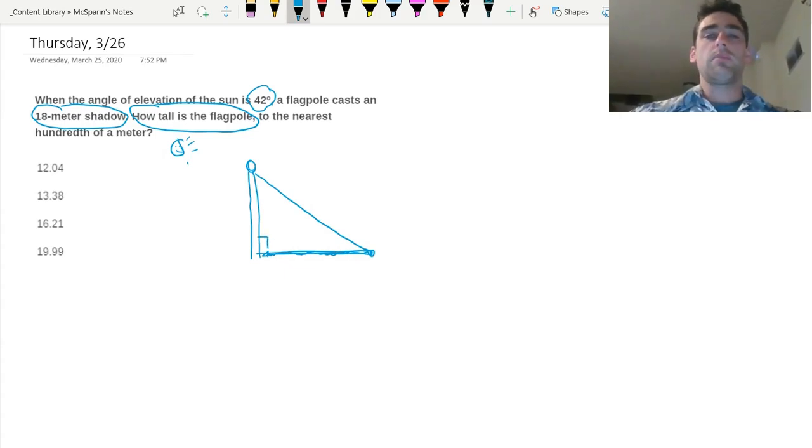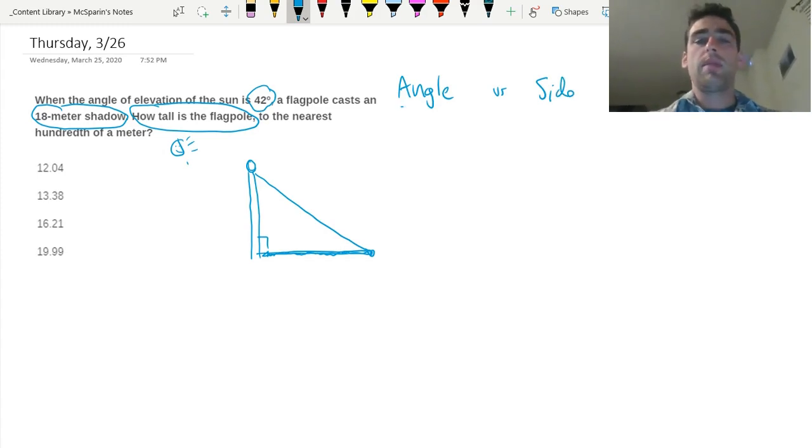Now let's talk about how we can tell in the text whether something is an angle or a side. And I'm not going to write up SOHCAHTOA yet because right now we're just trying to break down the problem.